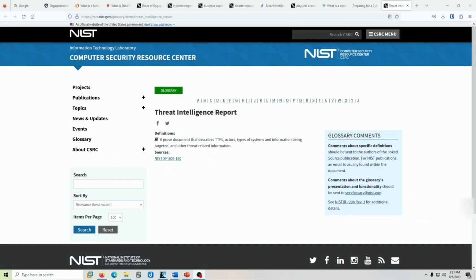Next item on the list is Threat Intelligence Summary. So I got Threat Intelligence Report, a prose document that describes TTPs, actors, types of systems, and information being targeted, and other threat-related information. So TTPs, tactics, techniques, and procedures.